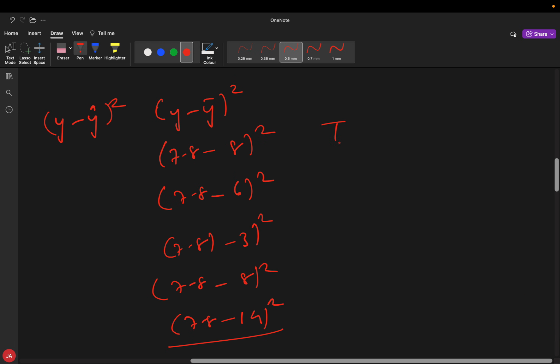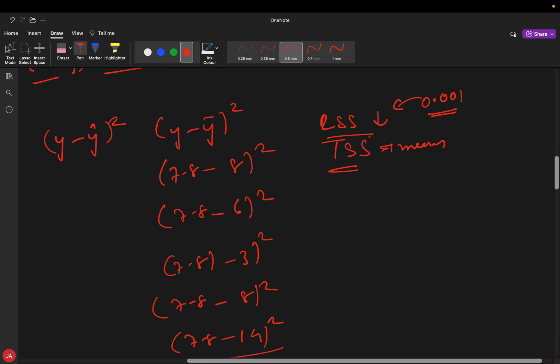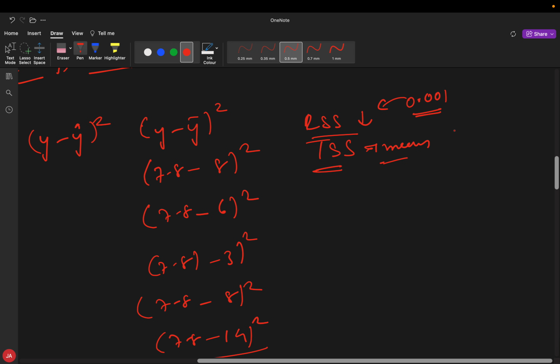So TSS stays the same because it is dependent upon the mean, but my RSS will go down, right? So even if it is a noisy feature, it will reduce my RSS because it adds some value, so my overall RSS goes down, but my TSS remains the same, so the overall ratio will decrease.